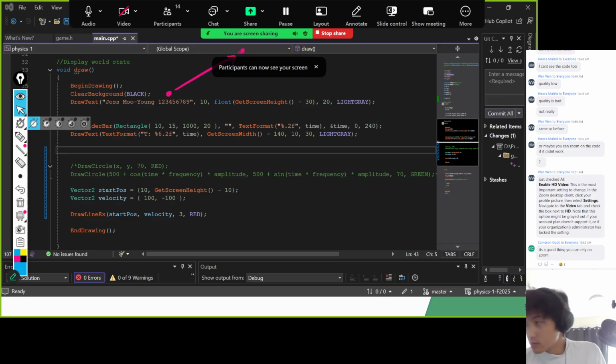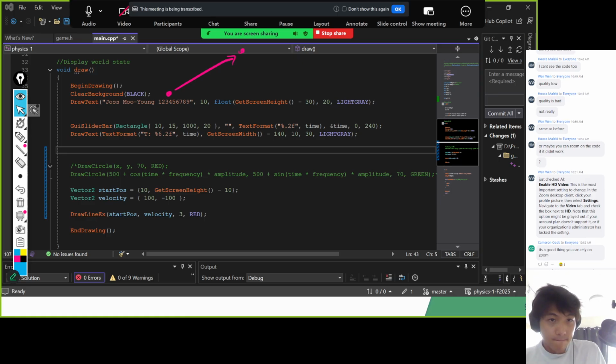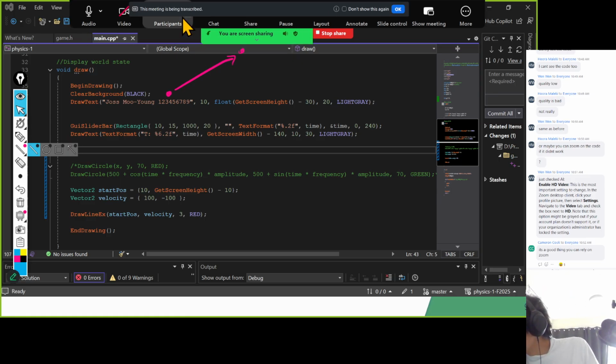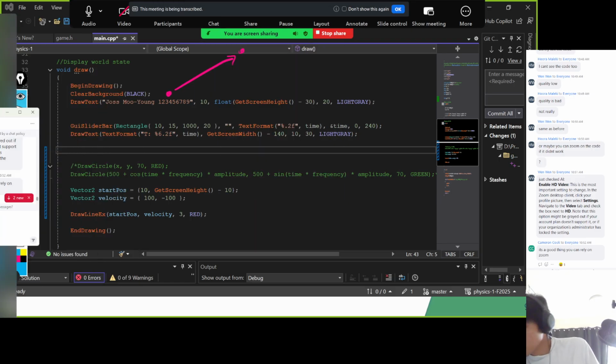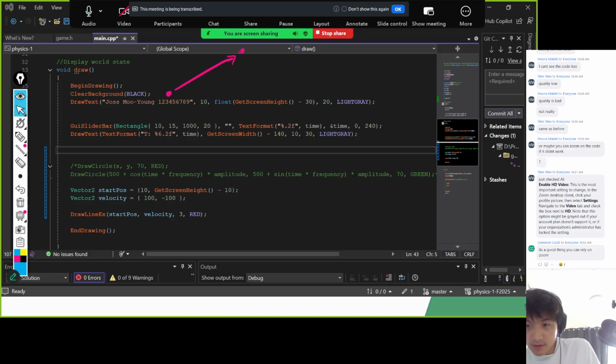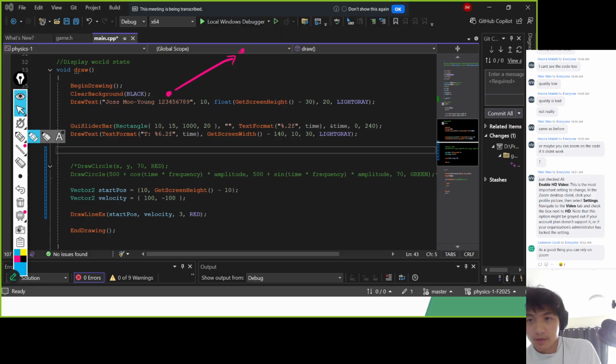Better, at least for now. Is this better for now? Okay. Yeah, I don't know. It might be a limitation of Zoom's video quality thing for my virtual webcam. I'm not sure why they have it like that. Okay. Well, we'll see. Cool.